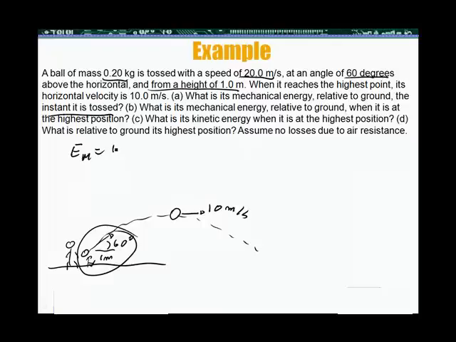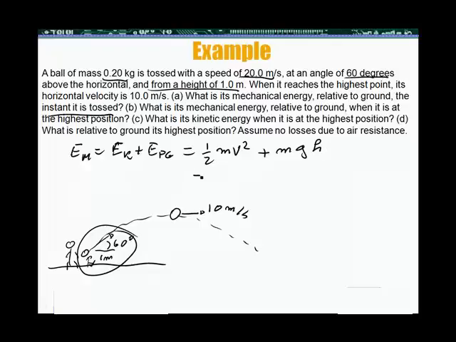Now, mechanical energy is kinetic energy plus potential energy. And remember here, since we don't have a spring, it's going to be just gravitational potential energy. The kinetic energy is going to be 1/2 of mv squared. We know m and we know v, so that's easy. And the gravitational potential energy, they told us relative to the ground, so it's mgh, where h is the height relative to ground.